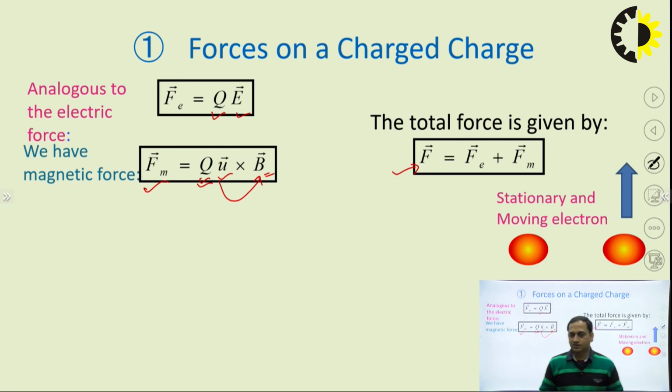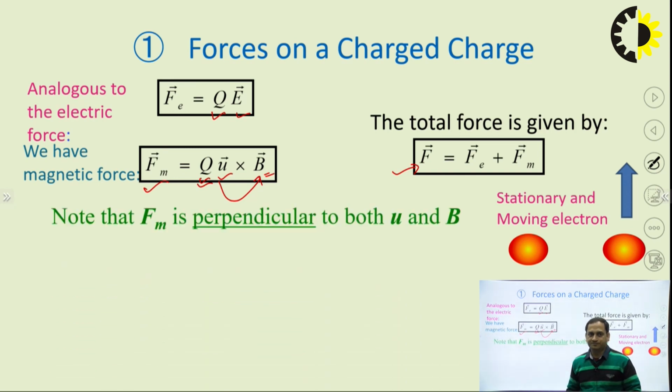Fe is due to the presence of the electric field, so it is Q into E. But when the charge is moving in the magnetic field, the force will be Q U cross B. So the total force on the charge moving in the medium will be Q into E plus Q U cross B.